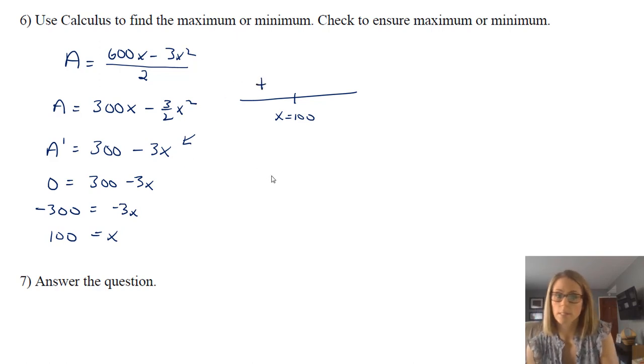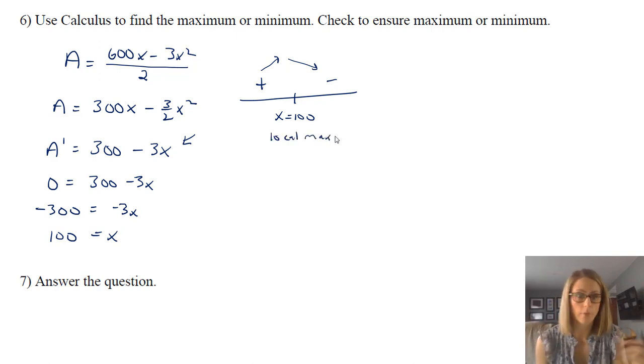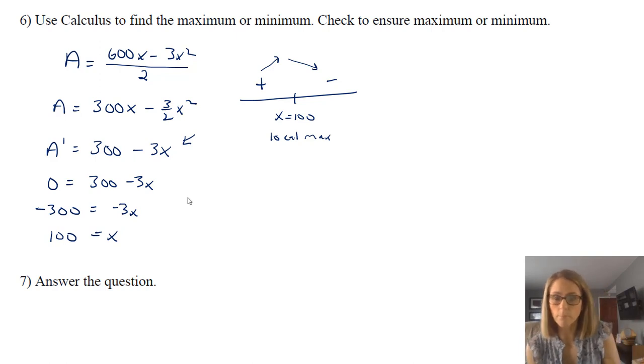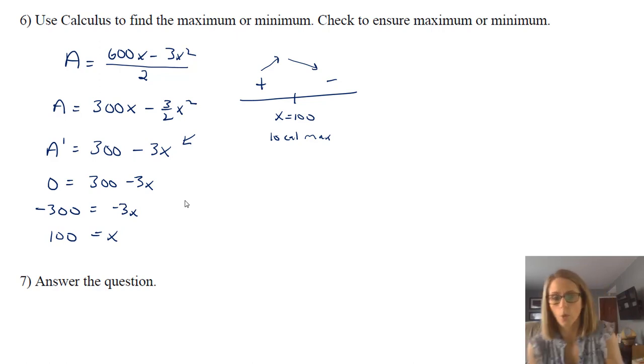But if I put in, say, 150, my derivative is going to be negative. That tells me that I do, in fact, have a local max on the graph of the area, which tells me that x equaling 100 is a local maximum, which is important because we're trying to find the biggest area.